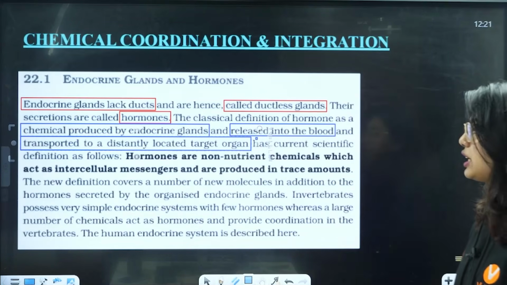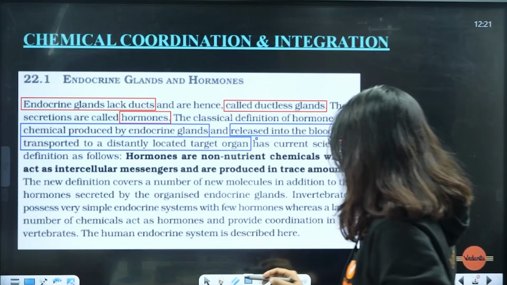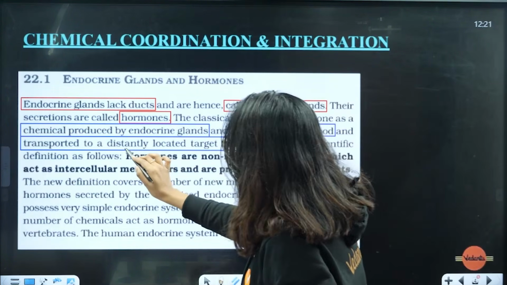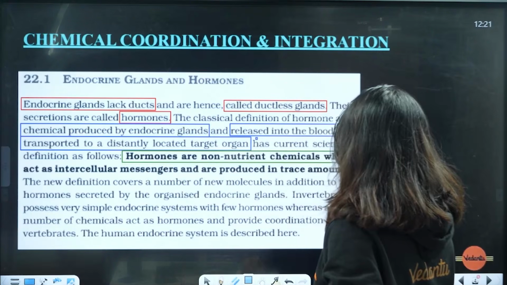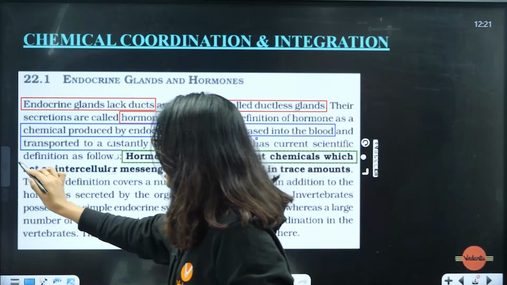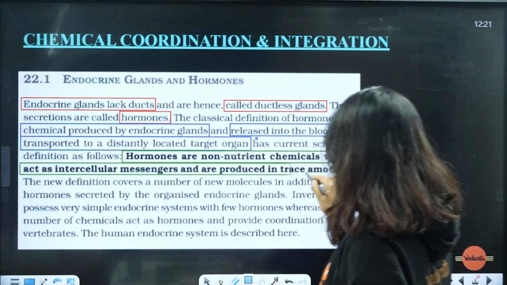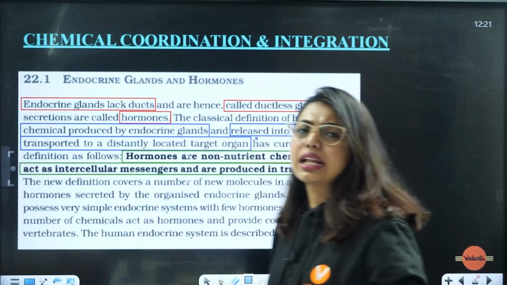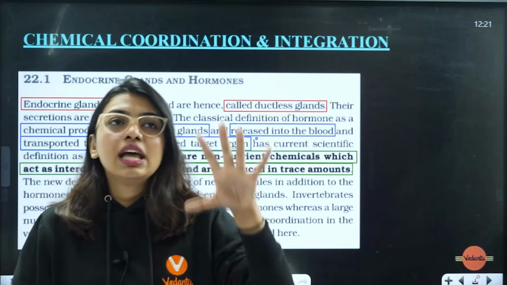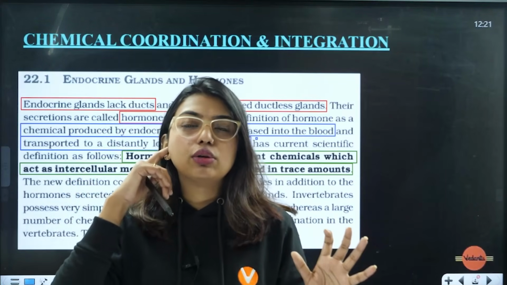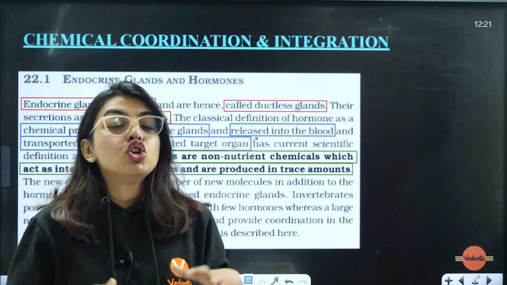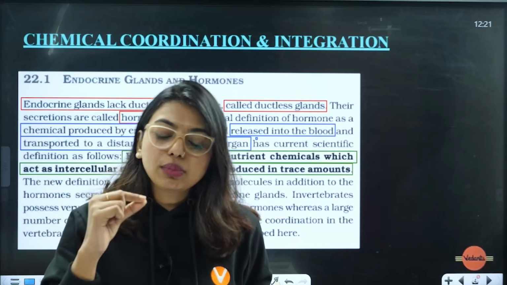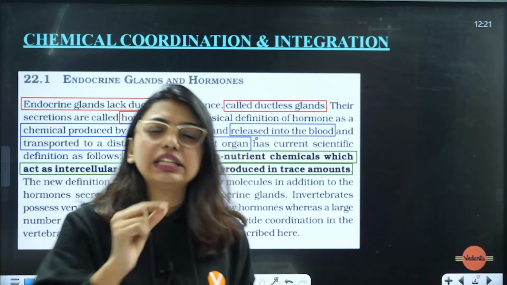The current scientific definition, so what is the proper definition? Hormones are non-nutrient chemicals which act as intercellular messengers and are produced in trace amounts. You might be thinking, ma'am, I can take 1 ml of hormones. But if you have to take even growth hormone, you have to take it from lots of people, because hormone is produced in a very small quantity.